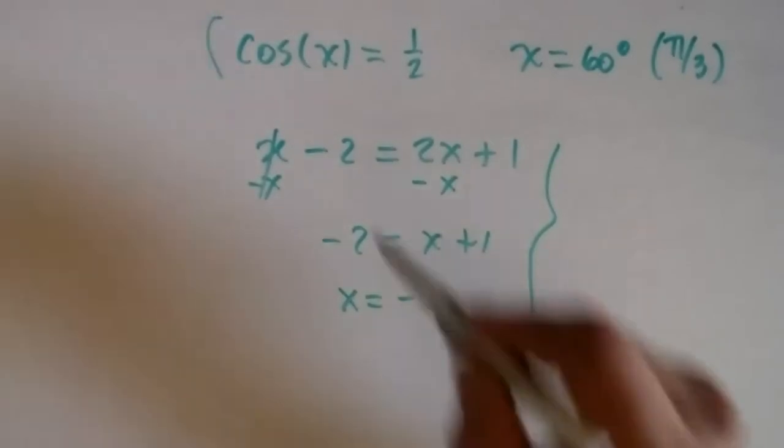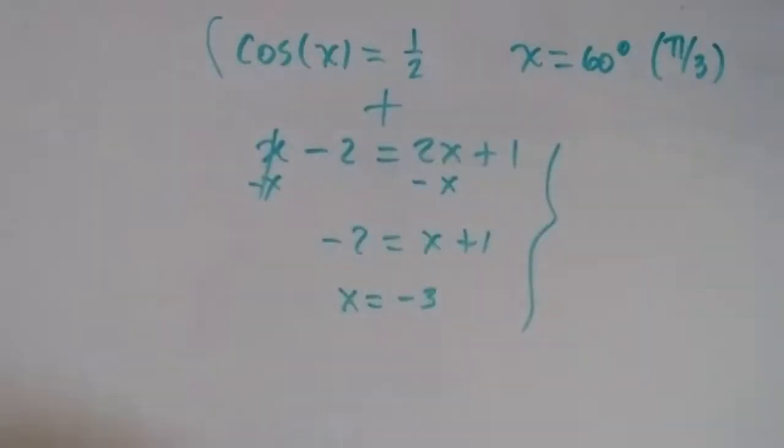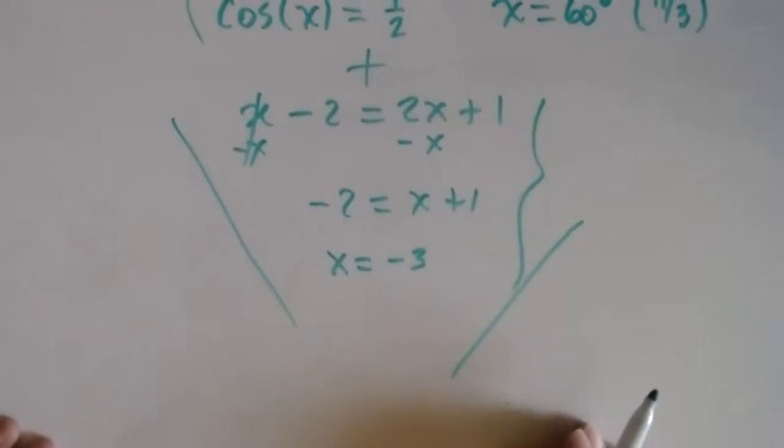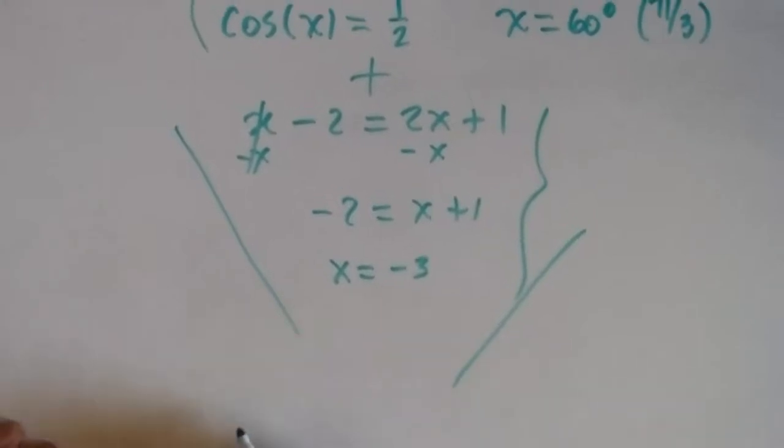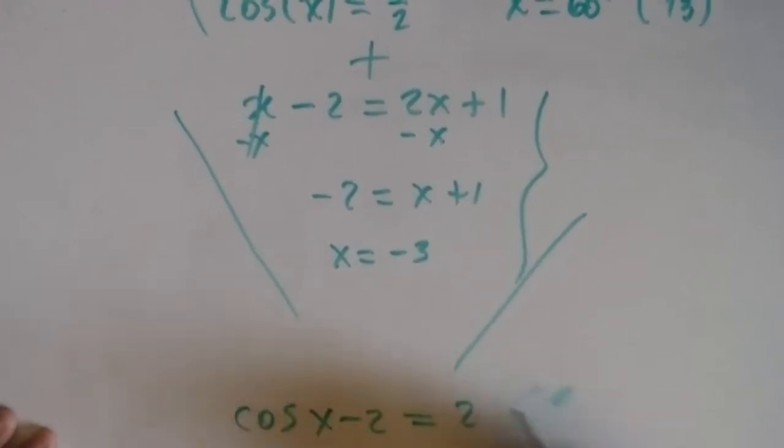What I'm going to do now is like a shake. I'm going to put this in a blender, right? And I'm going to produce equations like this. Cosine x minus 2 equals 2 cosine x plus 1.